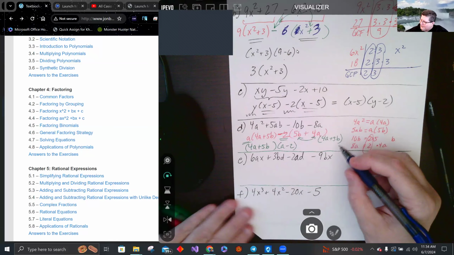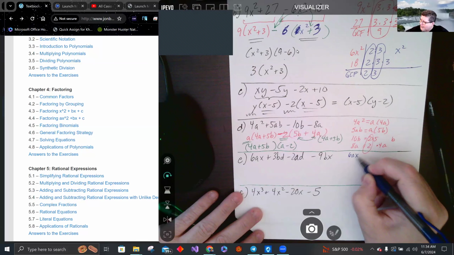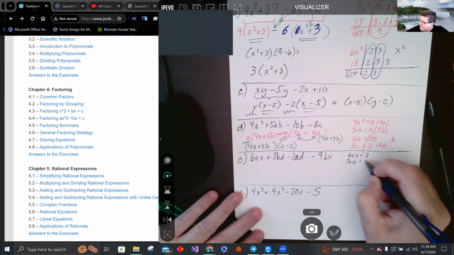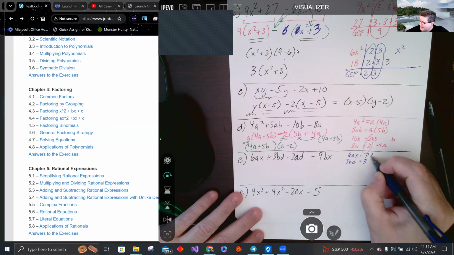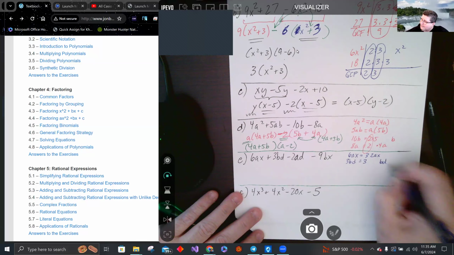And we'll give this a gander here. 6ax and 3bd both have a 3 in common. This has a 2ax left, and this has a bd left.